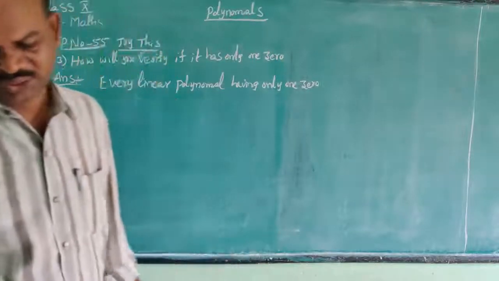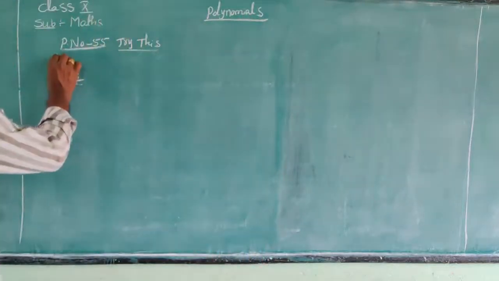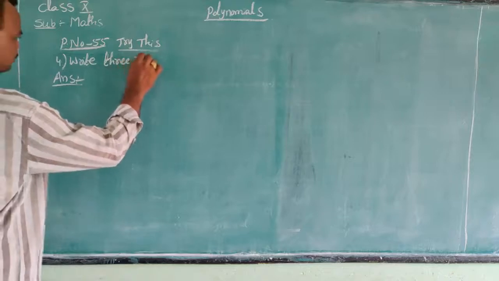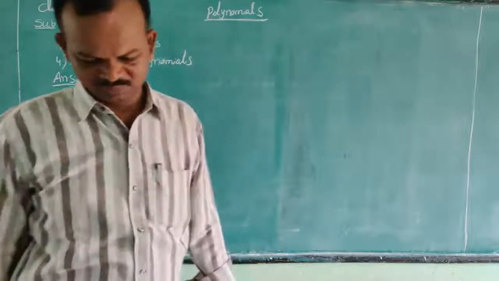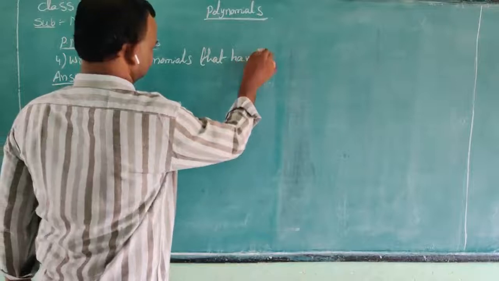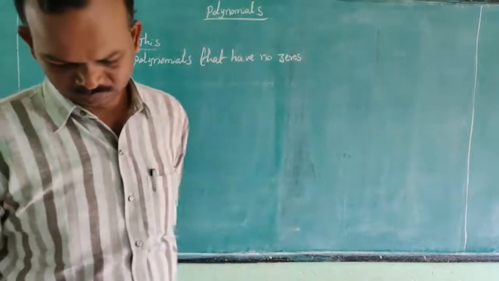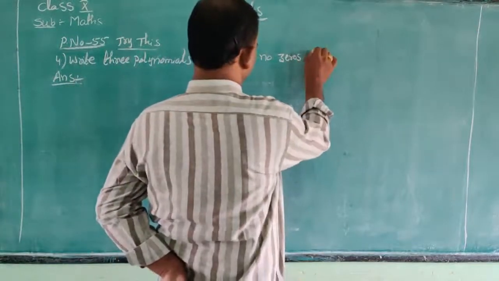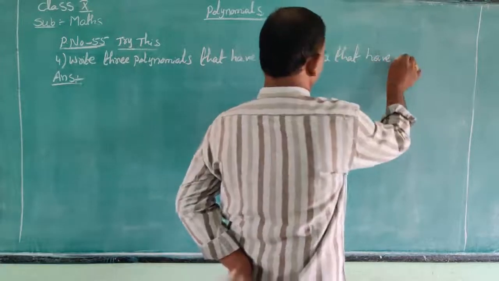Next one, fourth one: write three polynomials that have no zeros for x, real numbers.